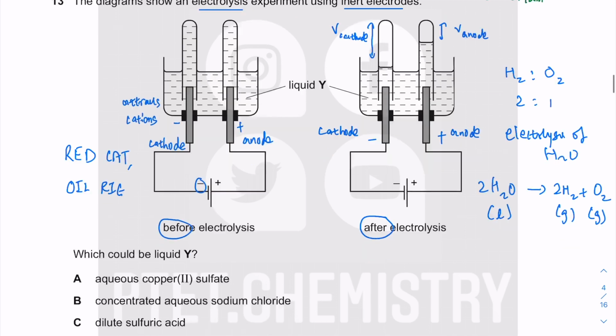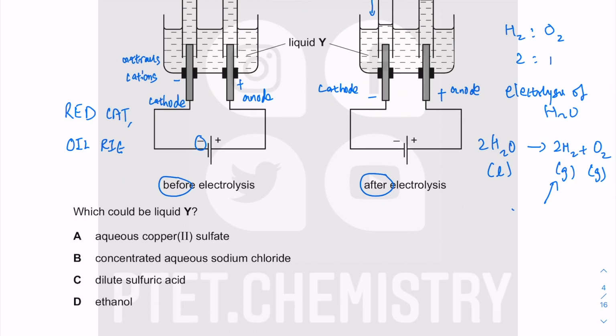And what happened there is that is at the cathode and that is at the anode. So you're looking for H plus being discharged and OH minus being discharged. So you're looking for something where the cathode reaction is H plus plus 2 electrons giving you H2, and you're looking for these reactions that happen at the anode.